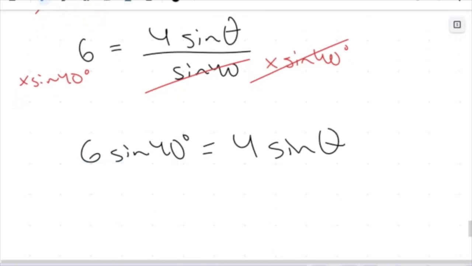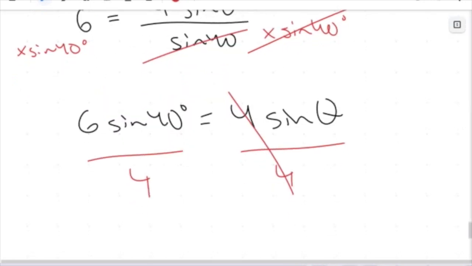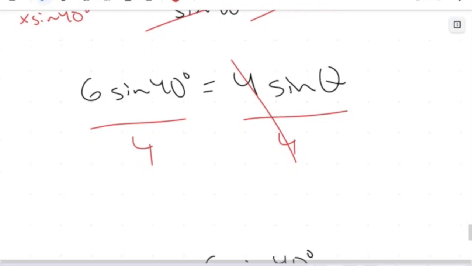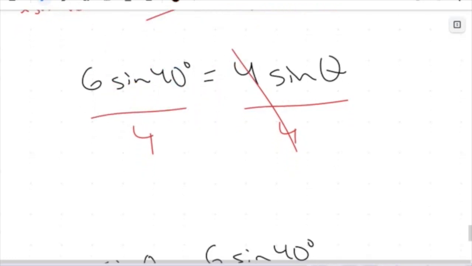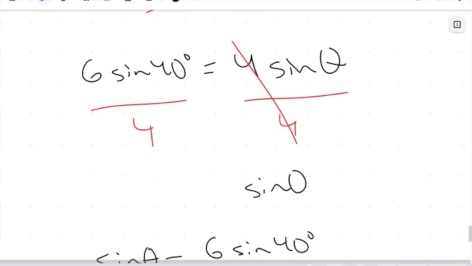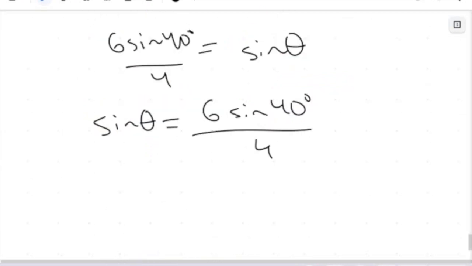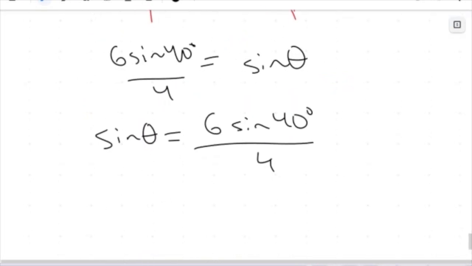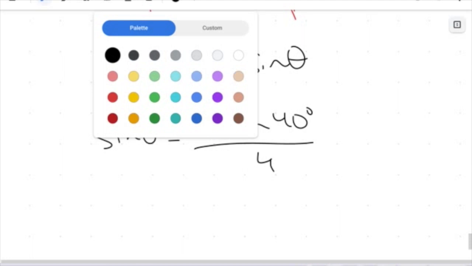And hopefully you can kind of see what's happening now. I'm dividing both sides by 4 to get sine theta on its own, and I'm left with sine theta on one side equals 6 sine 40 over 4 on the right hand side. And that's exactly what we got down here. These two are exactly the same.